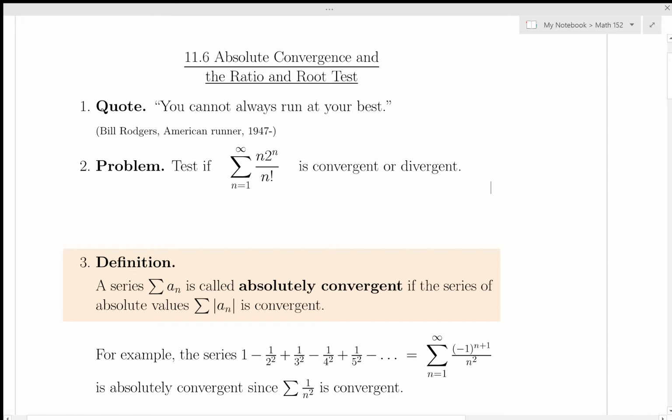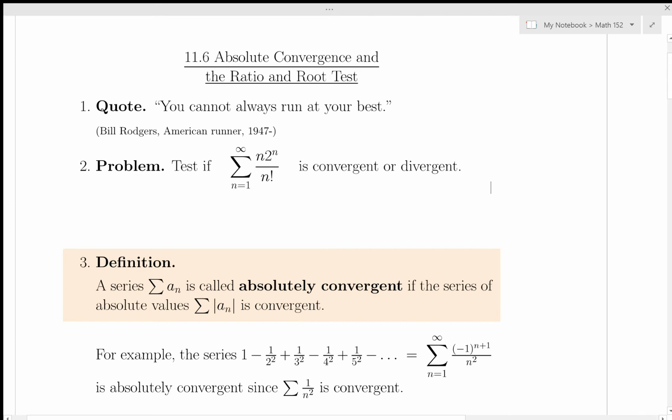Okay, we're going to take a look at a problem that we might not yet be able to solve, and that would be how to see if this series here is convergent. There it is, n times 2 to the n divided by n factorial. Does that converge or not? We have seen a variety of different tests so far.